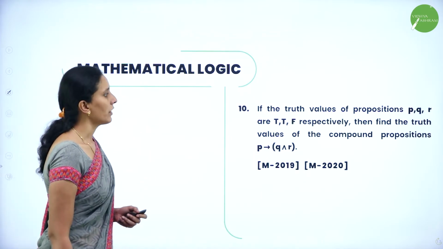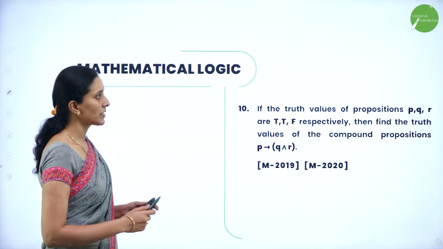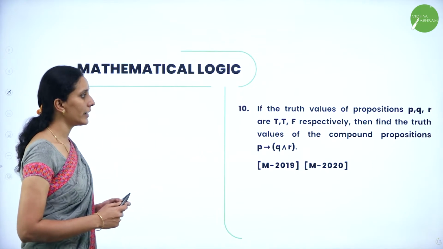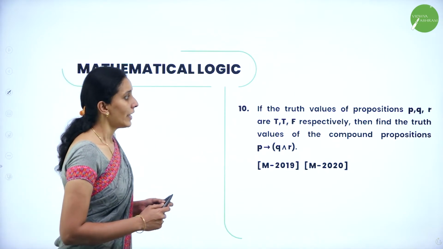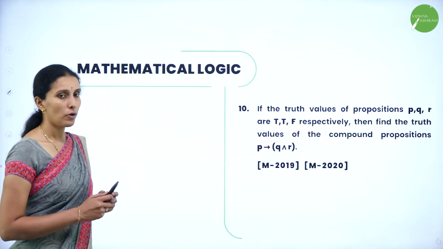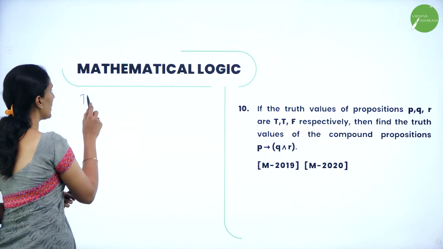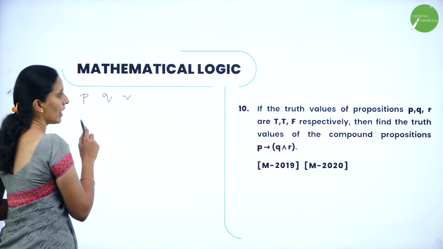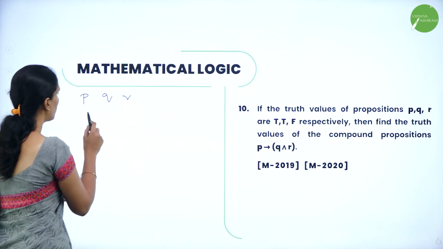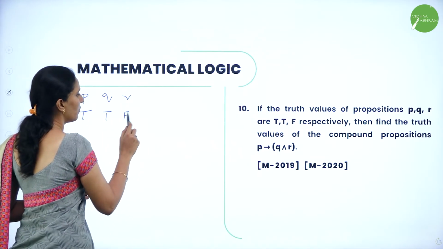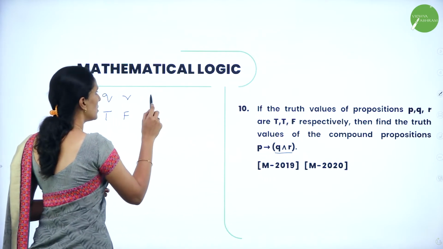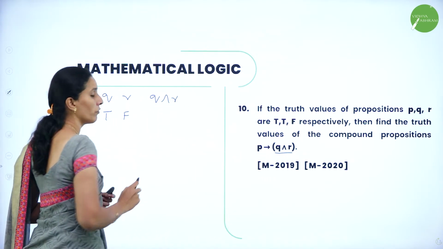Next question. If the truth values of the propositions P, Q, R are T, T, F respectively, then find the truth value of the compound proposition P implies Q and R. So we have P, Q, R and the values are given in the form of true, true, false. First, let me check Q and R. Conjunction is true when both are true.